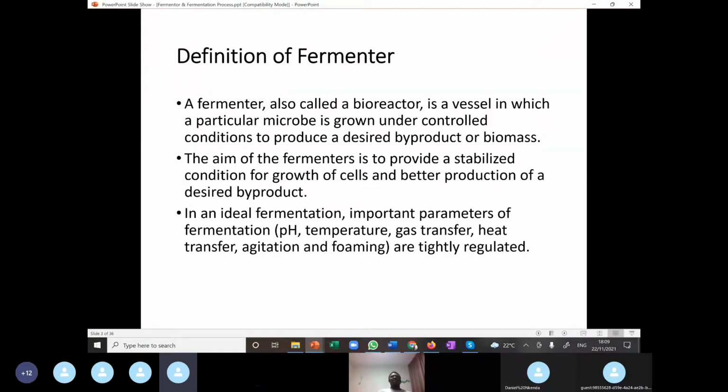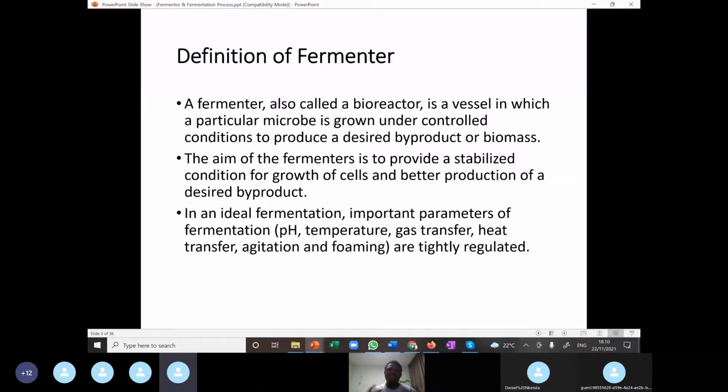Some of these conditions will include adjusting the parameters of the fermenter to give the organism an optimum growth environment by adjusting the pH, adjusting the temperature, providing appropriate gas, that is either oxygen, or making sure we don't have oxygen, depending on whether we're dealing with an aerobe or an anaerobe. We want to make sure that heat does not build up in the system while the fermentation process is going on, because if temperatures go so high, it will affect growth of the organism.